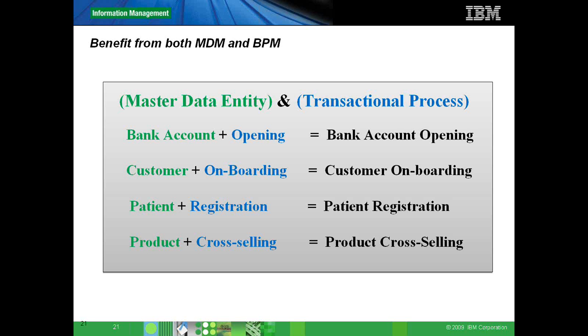When sandwiched together, they make a perfect recipe for the business process, such as an efficient bank account opening process, which checks to make sure you're dealing with an existing customer, not a new one, right? Similarly, the product cross-sell function will make sure you are not sending a mortgage offer to a customer who already has a home loan with your bank, right?